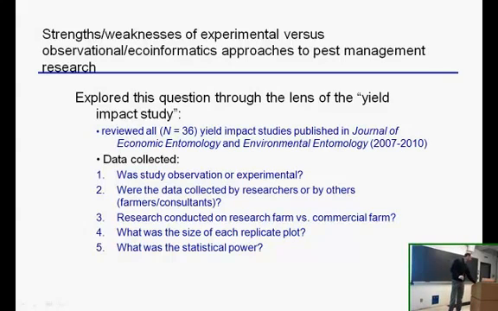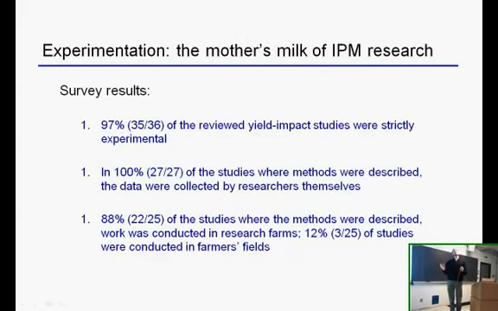The results of this review gave us a sense of where we are, the status quo. And what we found, not surprisingly, is that experimentation is definitely the mother's milk of pest management research. We found 36 yield impact studies published during this interval. All but one of them was strictly experimental. Only one study used observational data.